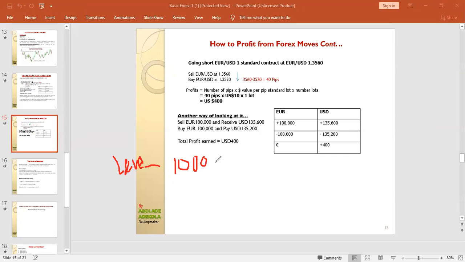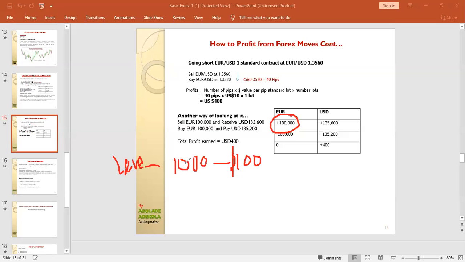It means for you to trade one full lot of 100,000 units, you need to deposit $100 minimum. That is leverage of 1 to 1,000.